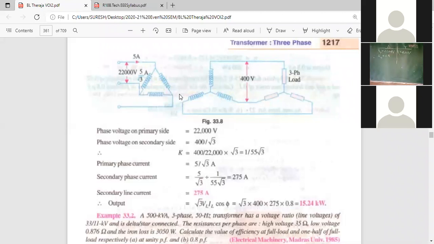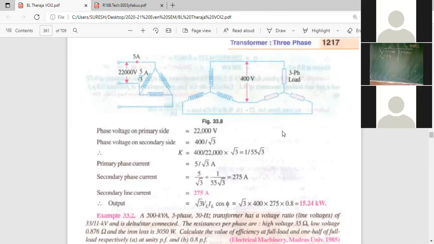Take it as 22,000 for the primary delta line voltage. Line voltage means in between two phases, 22,000. And what is the current they have given? Line current, 5 ampere.